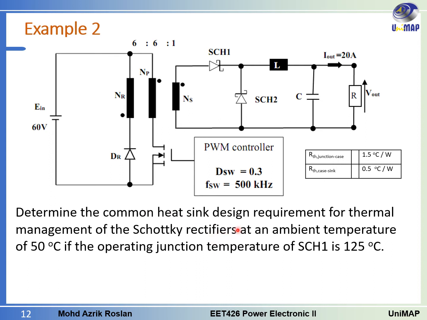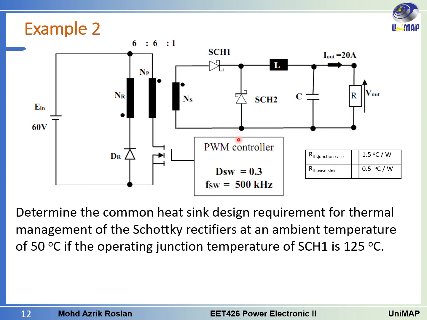Remember that this single heatsink requirement is only for Schottky rectifiers, so only for these two. If you add another one for the Mosfet, it will be wrong, because the question asks only for the Schottky diodes.